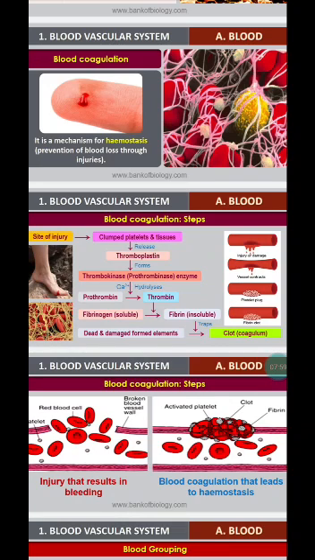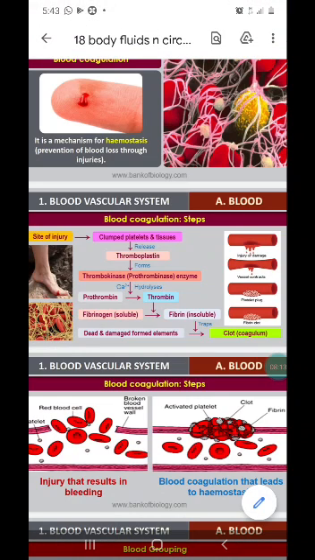Now the broken or clumped up platelets will release thromboplastin, which will be converted to prothrombin.